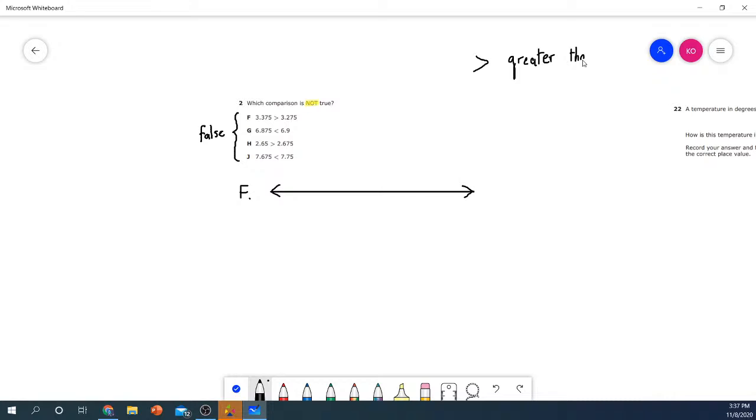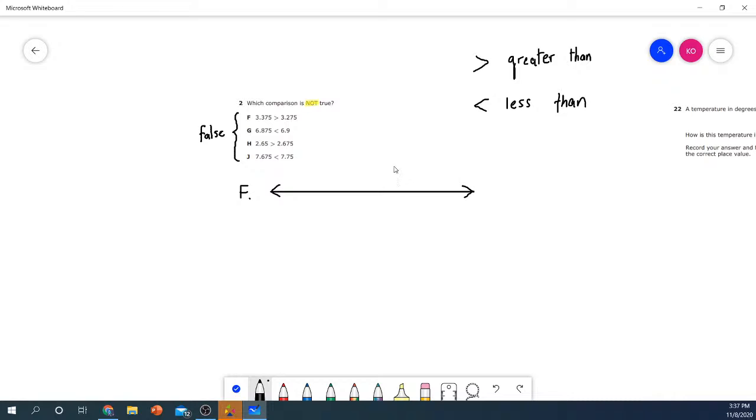And this symbol is less than. So if we have 10 over here and 6, we're saying 6 is less than 10, which is true.